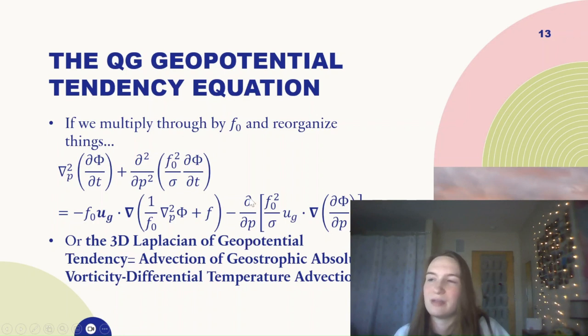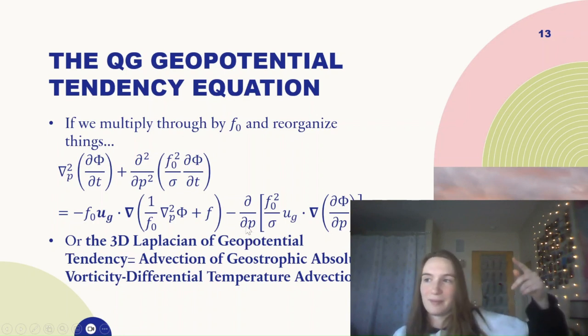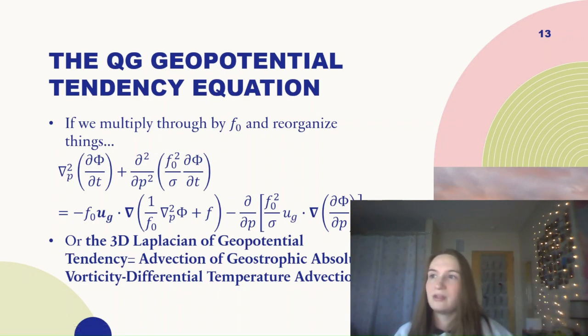So that's that ∂/∂p. ∂/∂p is up in the atmosphere. That is differential temperature advection. You still see that UG, the geostrophic wind. That's how we know it's advection. We're going to talk about this a little more. So again, don't freak out if you don't understand everything yet. It's okay. I'm not going to make you do it quantitatively yet again.